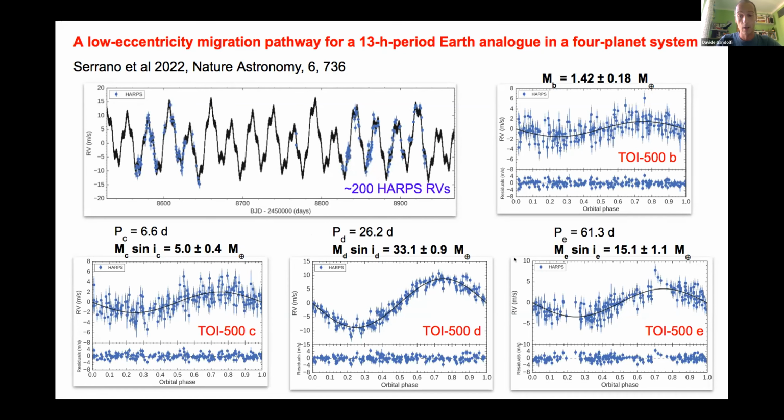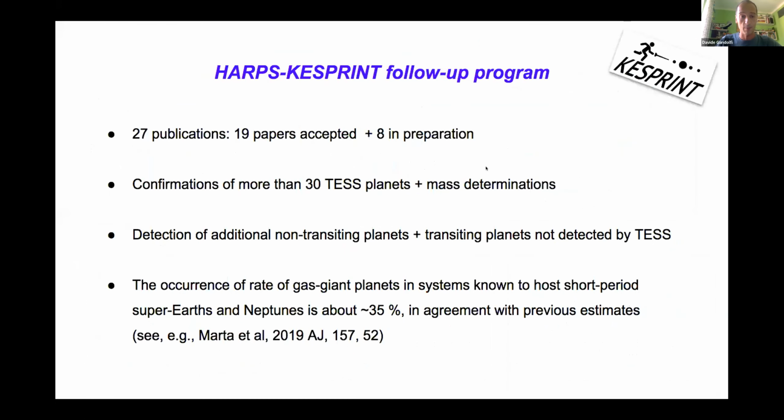So you see them here. And actually, we really track down the architecture of the system up to 600 days orbital period, which allows us to assess that this system might have formed through a low eccentricity migration scenario.